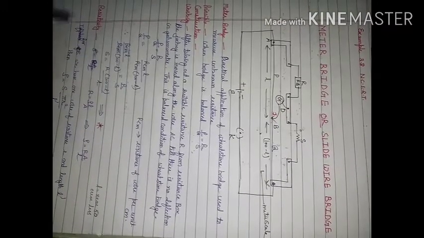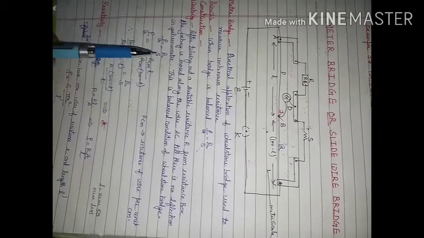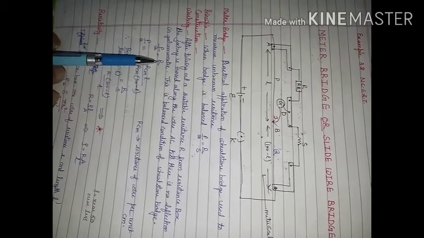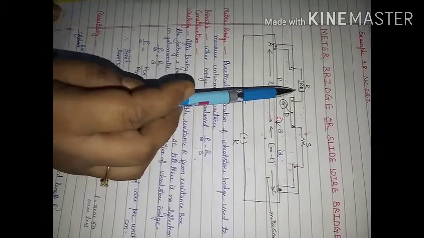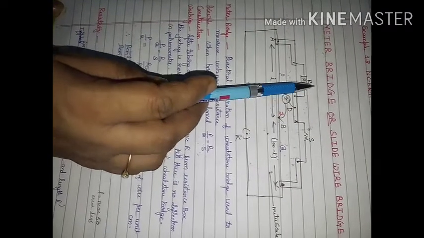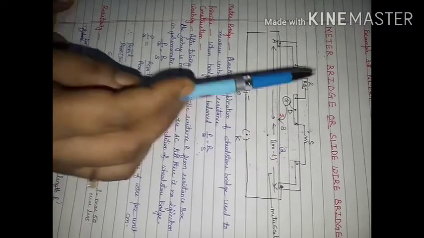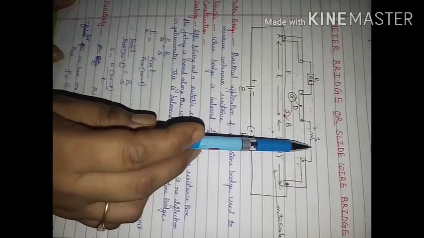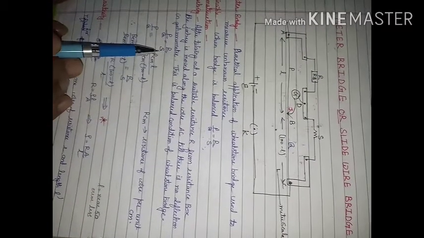When we use this equation P upon Q is equal to R upon S, the value of R is known to me, because we can make out what resistance value we apply from the resistance box. S is the unknown resistance whose value I want to find out.